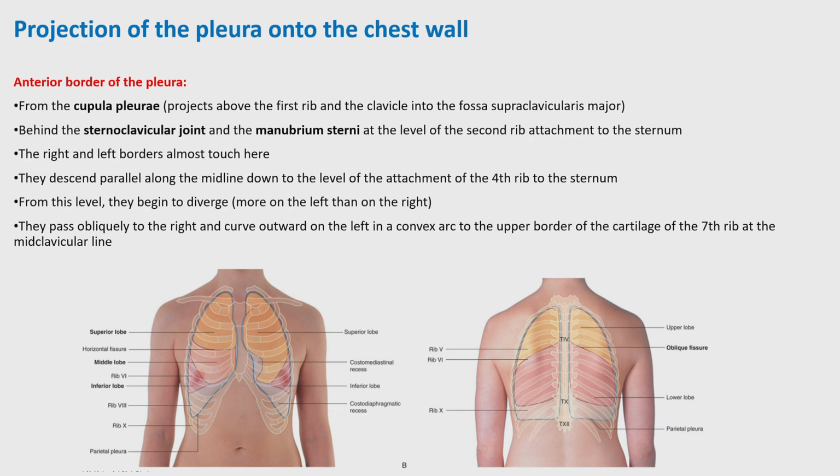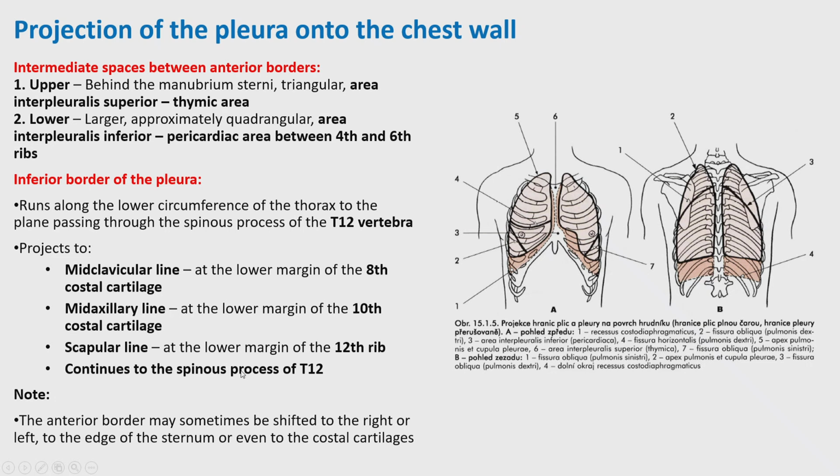So that's why here in the superior interpleural area, this is called the thymic area. And down in this area is located, yes? Heart. This is called the pericardial or pericardiac area.